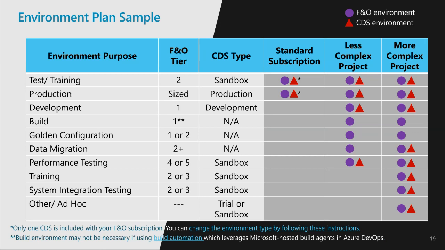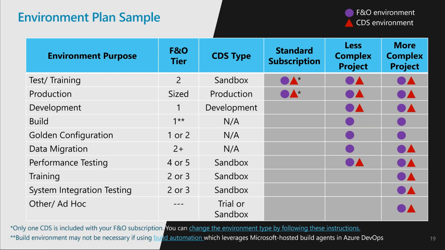The standard cloud offer only includes two F&O environments, Tier 2 and production, which is not sufficient for an implementation project. So you need to plan for additional environments based on what kind of tests and activities need to be conducted. For the less complex project, you may use a standard Tier 2 sandbox for the test and the training.